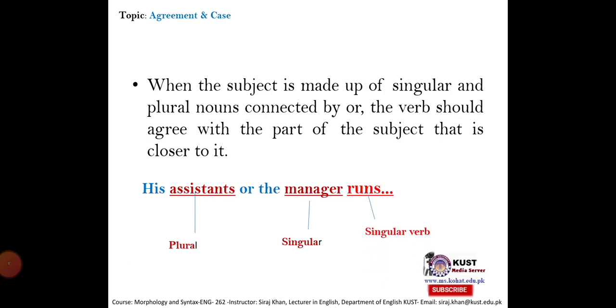Why? Because the verb agrees with the closest part of the subject, and the closest part is the manager. In the previous example, the assistants were the closest part to the verb, so we took a plural verb there. Now here we have got a singular verb because the closest part is singular.